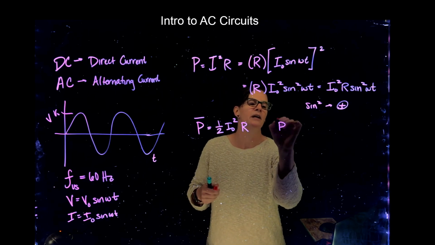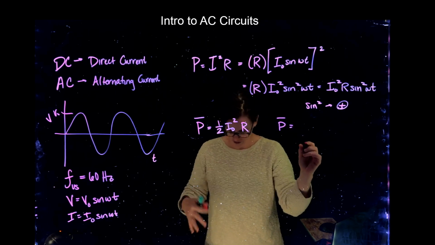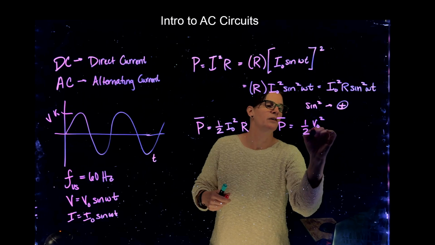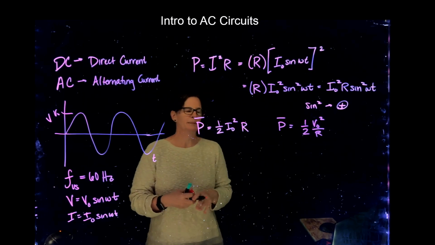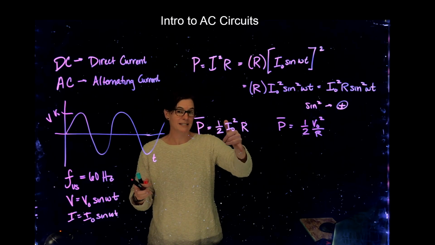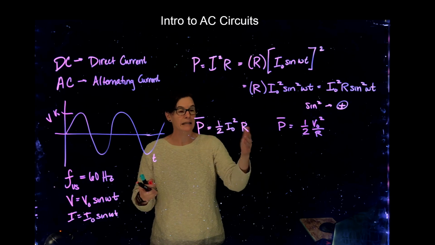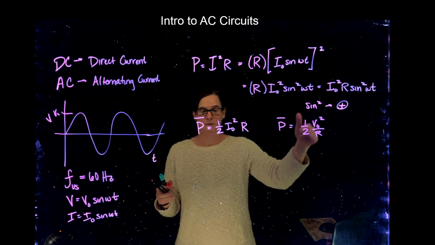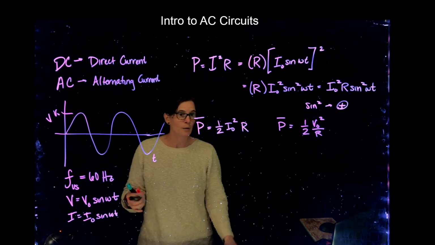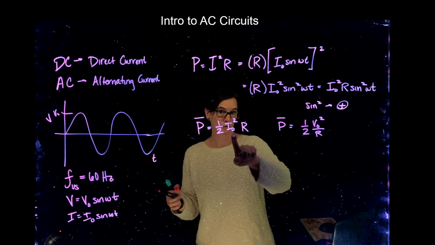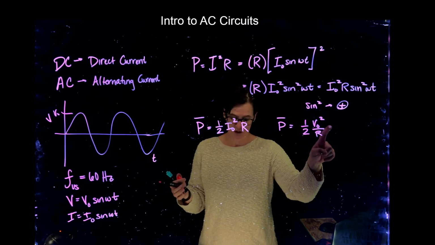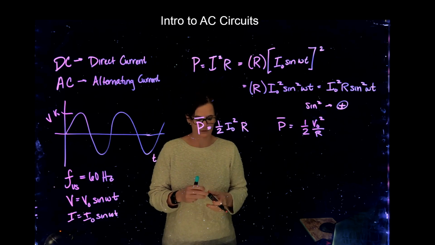The average power can be related in voltage as 1/2 V naught squared over R. So these are just our power relationships depending on resistance. Power is IV, but it is also I squared R or V squared over R. So what's important for power is the current squared and the voltage squared. That's what's important for power.